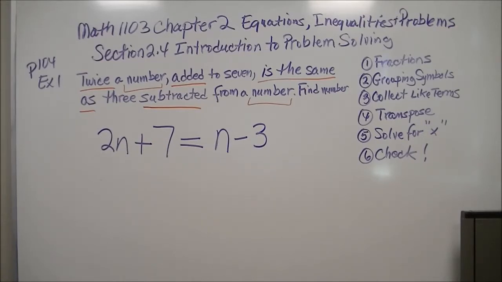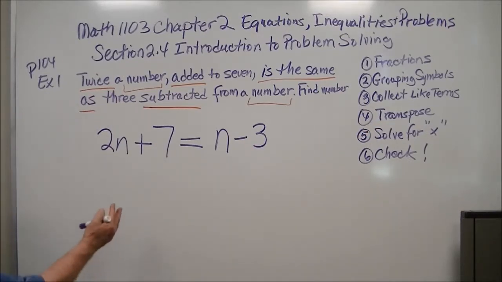Now we have to solve it. Well, again, there's no fractions, there's no grouping symbols. We have a variable, a number, a variable, a number. That's sort of where we would be after we collected like terms. So now we're going to transpose.